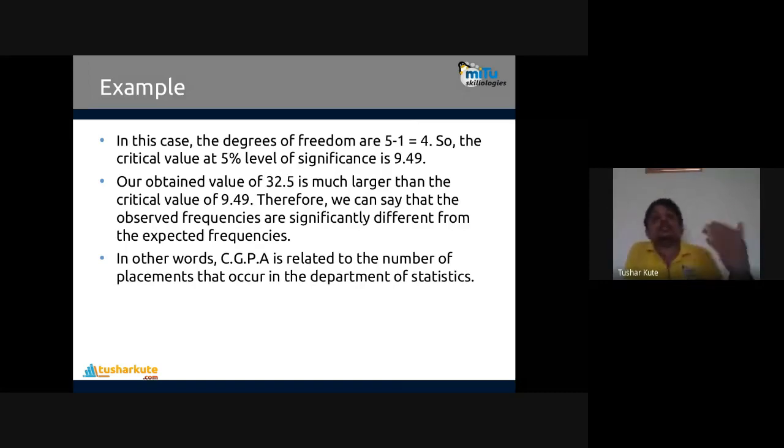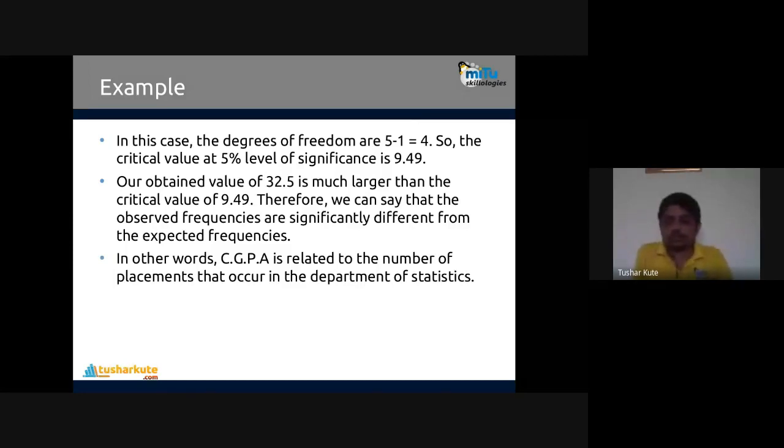Almost 3 times more, much larger. That's why they are not independent, they are dependent. That's what the chi-square test tells us. So the obtained value and critical value should be close to each other to show the independence of the input and categorical output variable.